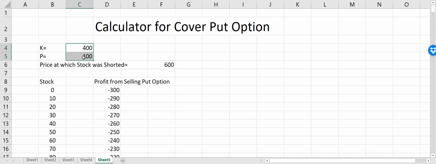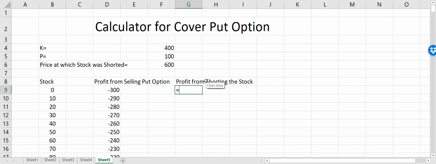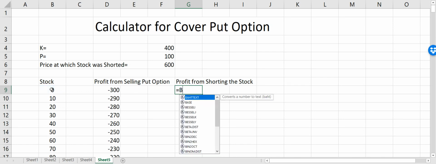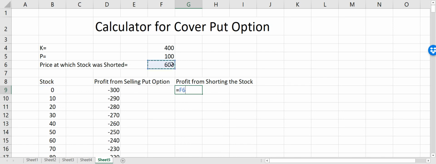Now if I'm shorting the stock at 600, then the profit from stock will be equal to strike price minus the stock price.